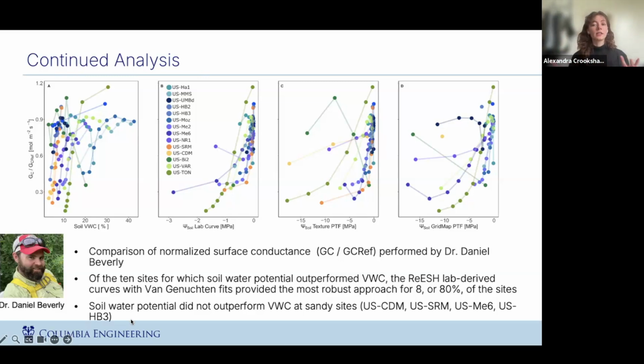However, in some of these sites, specifically the sandy sites, that was not true. We are currently investigating why that may be so. It might be reflecting the van Genuchten parameters and the ability of the van Genuchten model to fit the sandy sites. It might be reflecting the ability of the equipment to handle sandy sites. We are unsure, but we're excited to continue looking into that as we move forward.